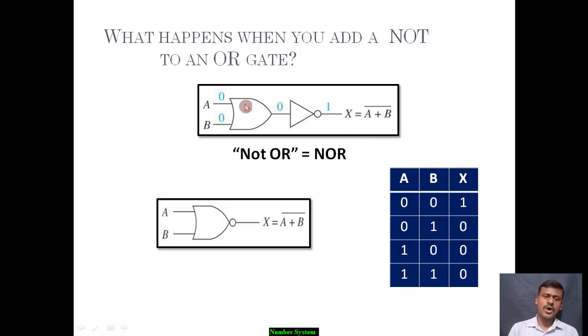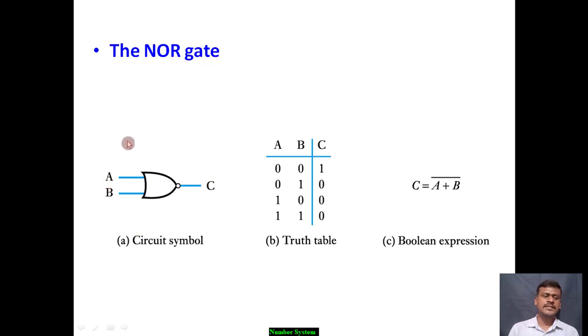So this OR and NOT together, we will call a NOR gate. This is the representation of the NOR gate, and this is the truth table for this NOR gate. We will take this as the circuitry symbol and this as the truth table, and this is the Boolean expression for the NOR gate.